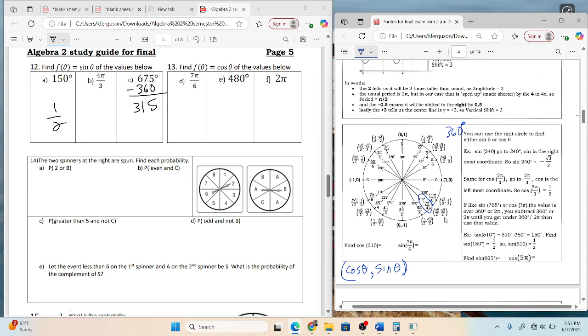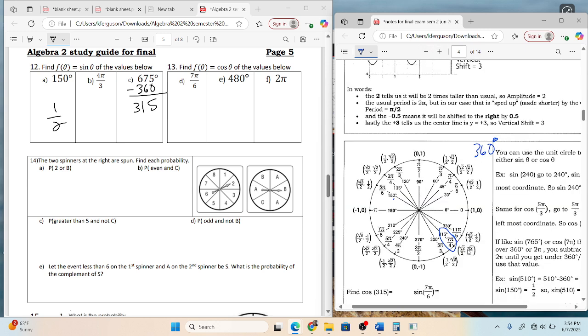Sine is the second value, and I believe it is negative. It's hard to tell. Yep, that's negative. So this one's going to be negative square root of 2 over 2. And that's the way you would work E. And I'm leaving E for you.